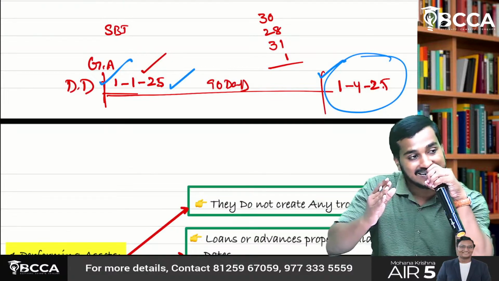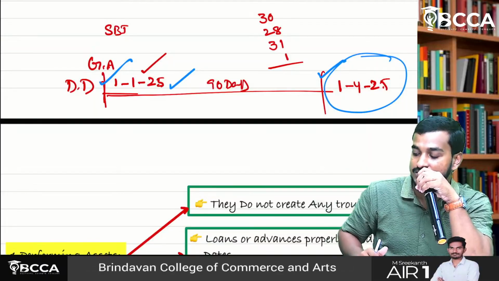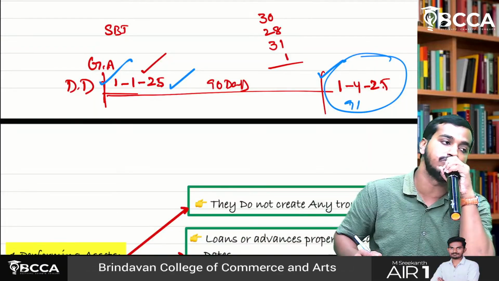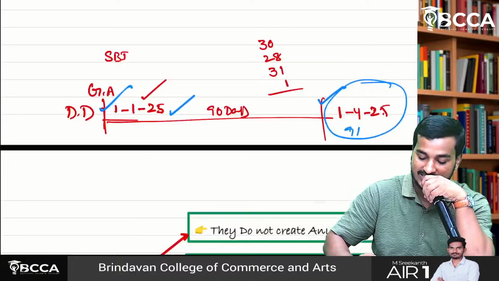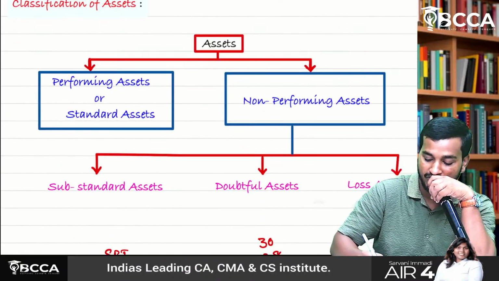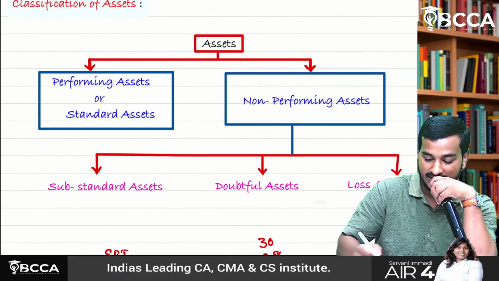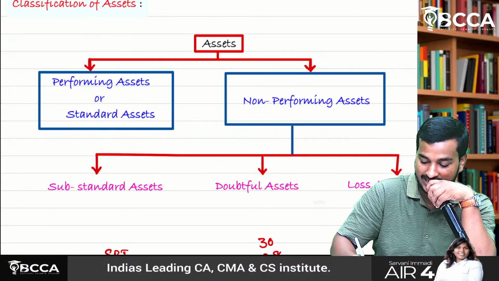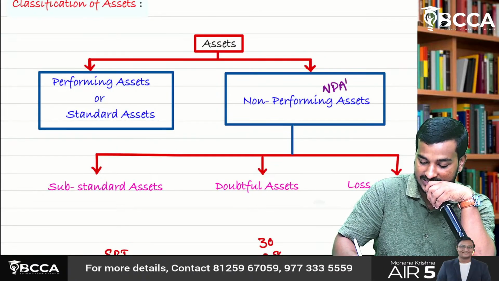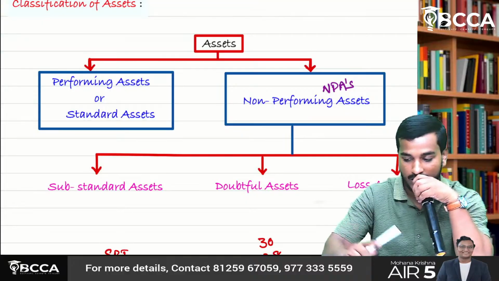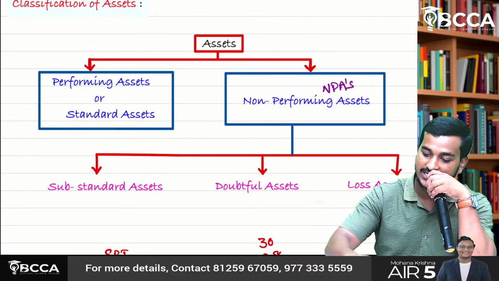Once that 90 days is crossed, from the 91st day onwards, they will be called non-performing assets. Simply we call them NPAs. NPAs means non-performing assets.